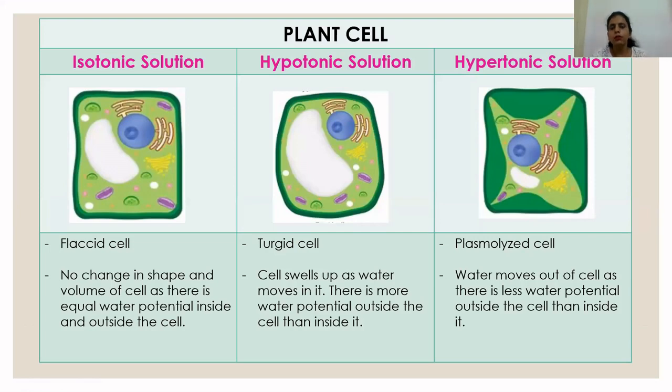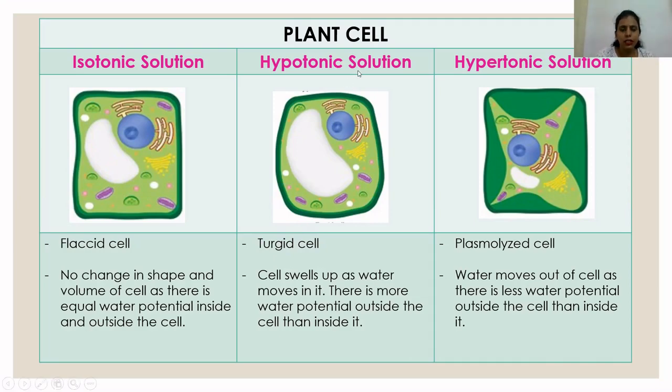When a plant cell is placed in hypotonic solution, first we will talk about hypotonic solution, the term given to this type of cell is turgid cell. The condition of a plant cell whenever it is placed in hypotonic solution is turgid.